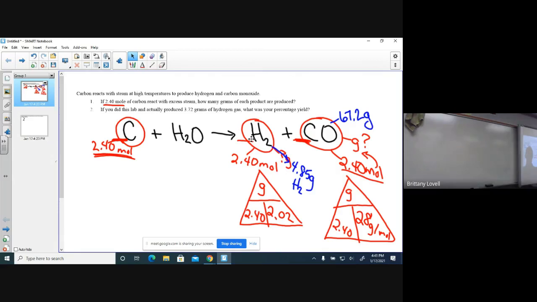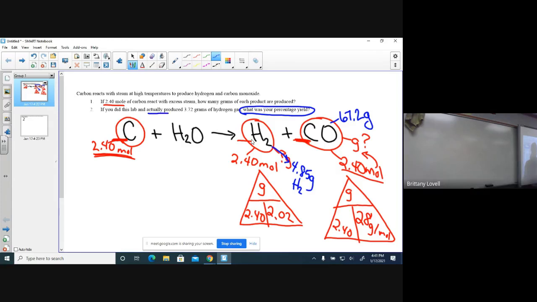So I'm going to go into part 2. It said if you did this lab and actually produced 3.72 grams of hydrogen gas, what was your percentage yield? Okay, so listen, the question that they're asking on this particular problem, this is the main question. What was the percentage yield? Okay, so what we're going to do is look at what they give us.